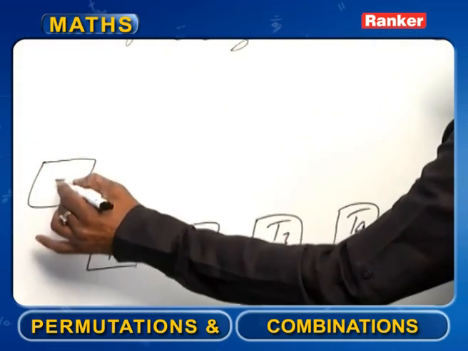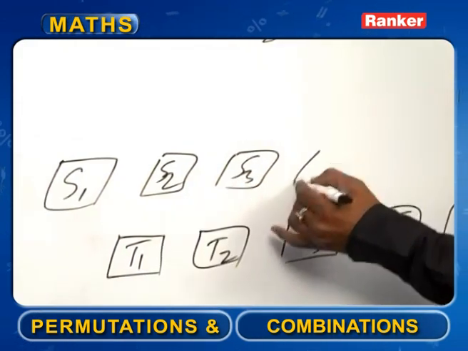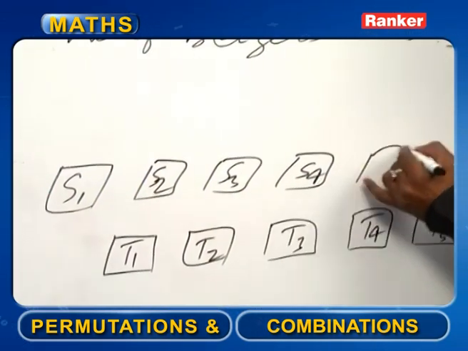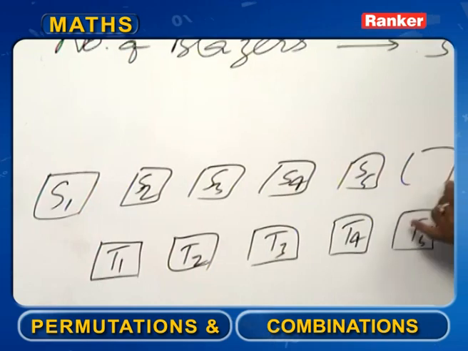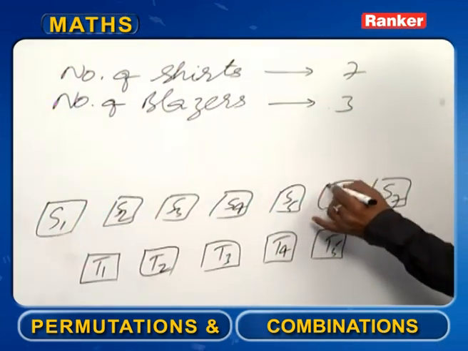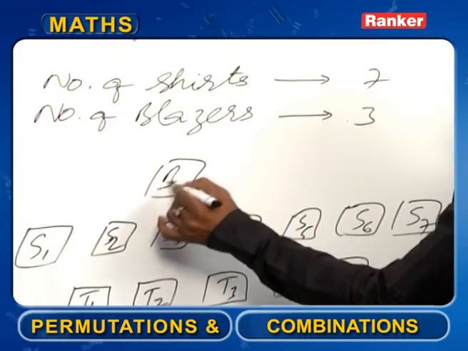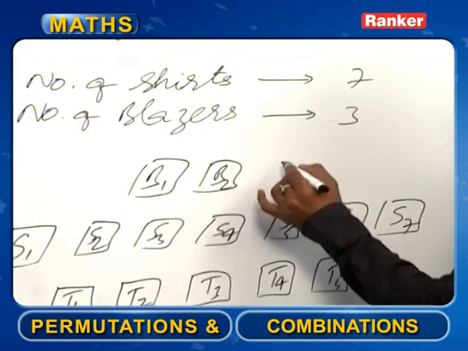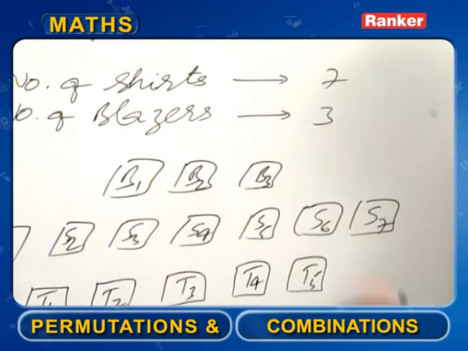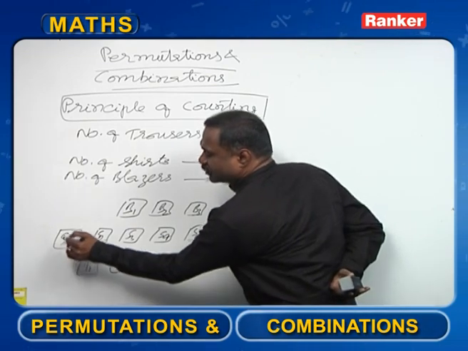And shirts S1, S2, S3, S4, S5, S6 and S7. These are the shirts. And blazers B1, B2 and B3. Now let us start from the first trouser and first shirt.